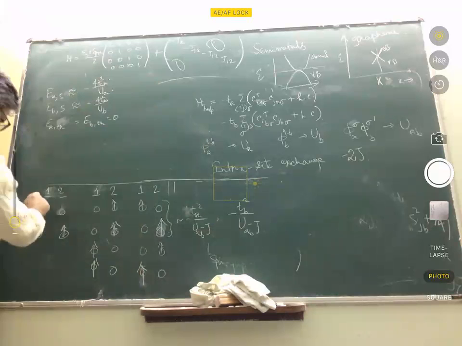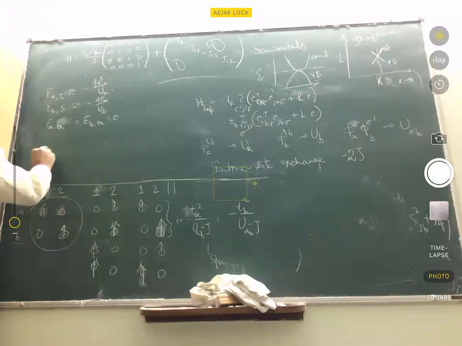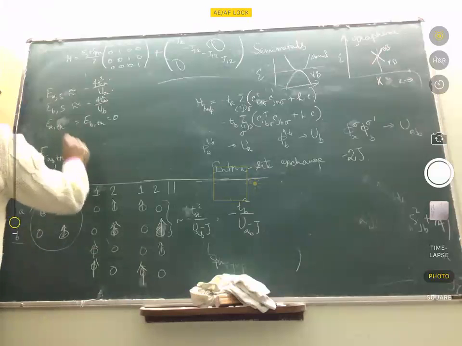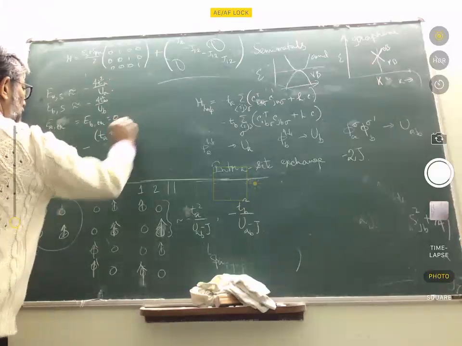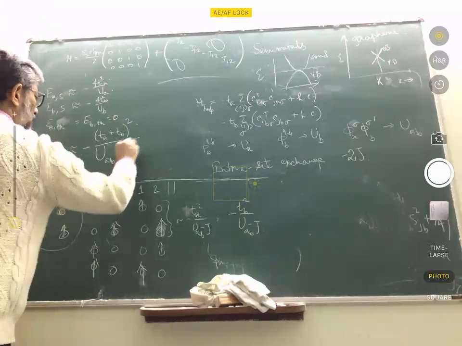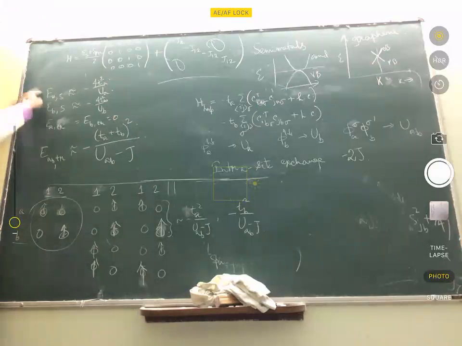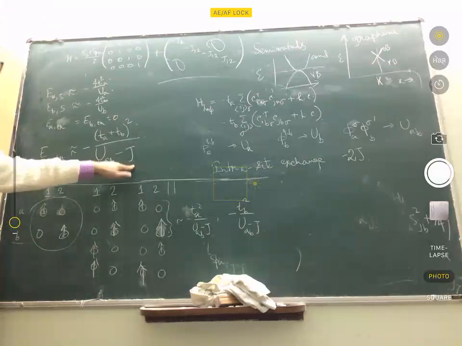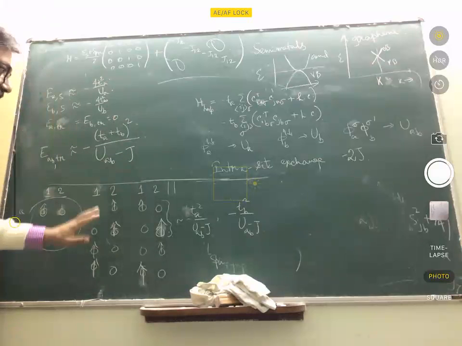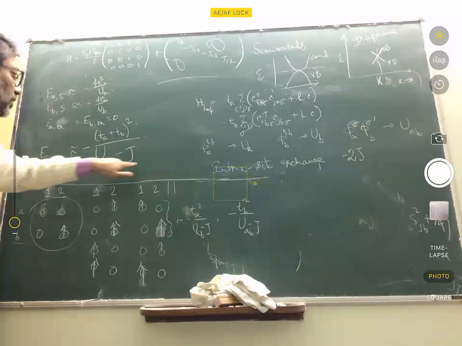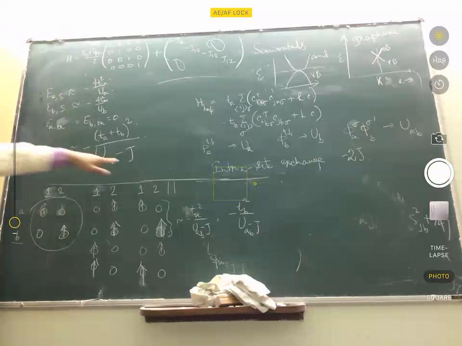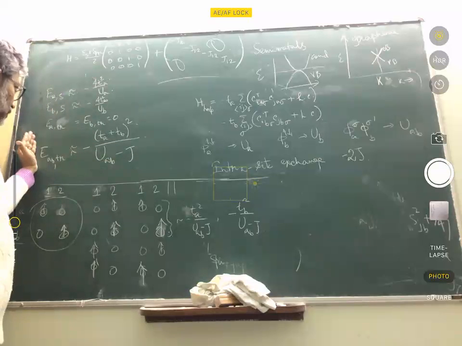So in general, this sort of AB triplet, its energy is going to be this. Now compared to this, obviously it is lower because you have more processes here and the energy denominator is lower here, because the assumption is that in this sort of situation, the Ts are smaller compared to UAB and J. So this will give you a lower energy denominator, so this energy will be lower.